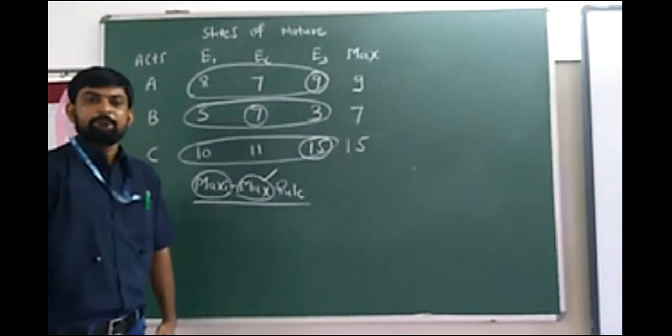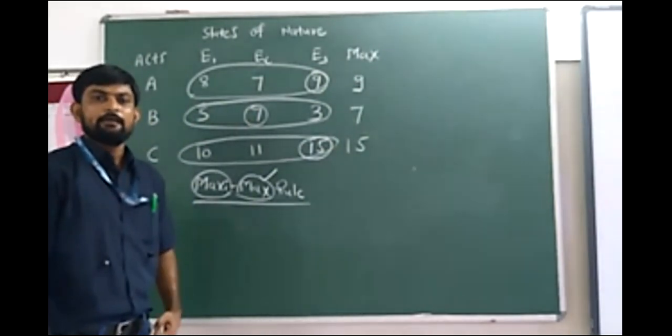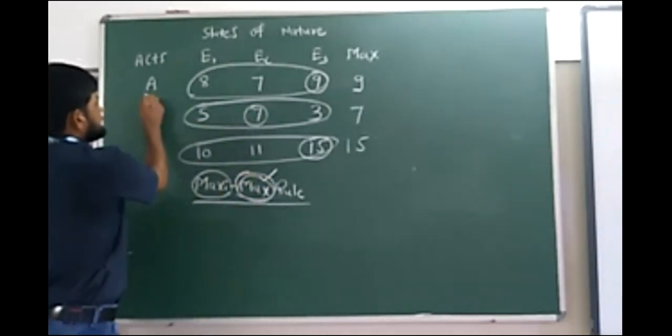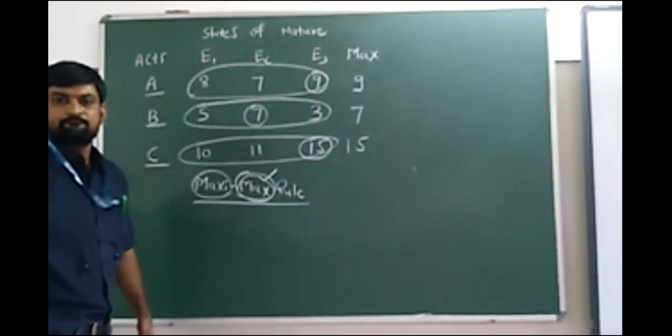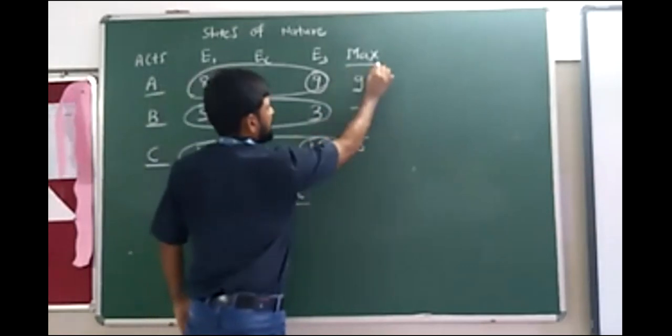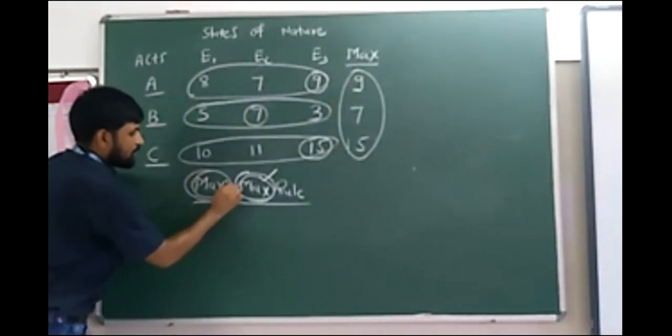So what is the first step of Maximax criteria? First of all, we have to find the maximum payoff for each and every act. After finding the maximum payoff, the first word is what? Maximum.